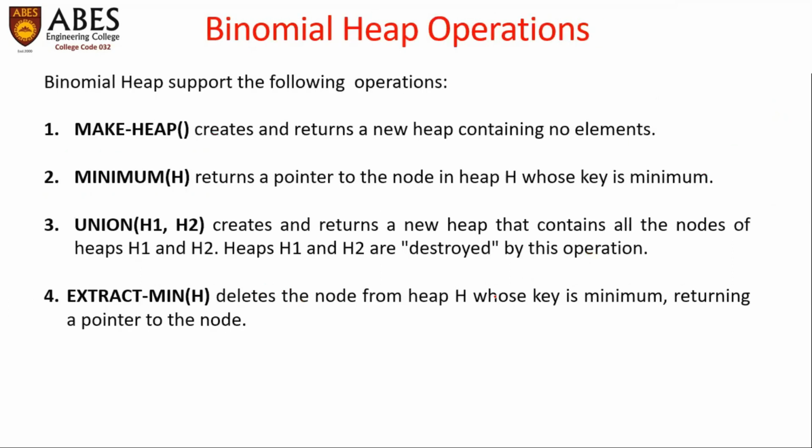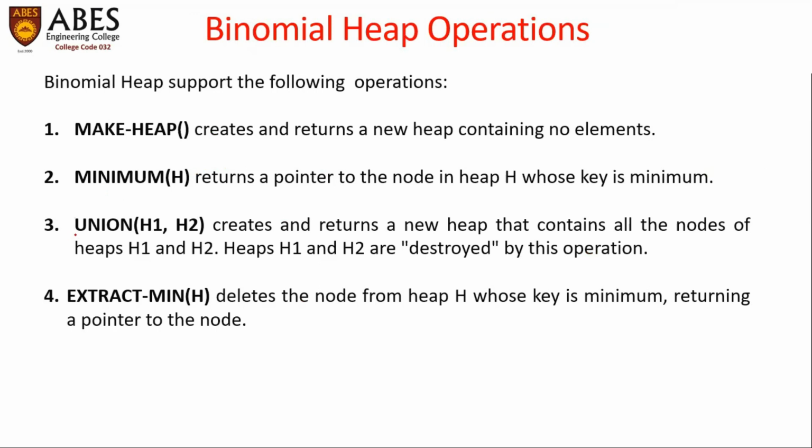Now, these are the operations that we can perform on every binomial heap. We can create our binomial heap. At this point of time, we have just set its head. We have not attached any element to our binomial heap. We have just started creating it. Then we can find the minimum element from our binomial heap.